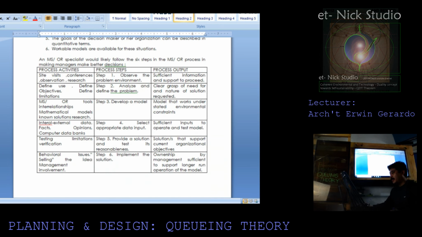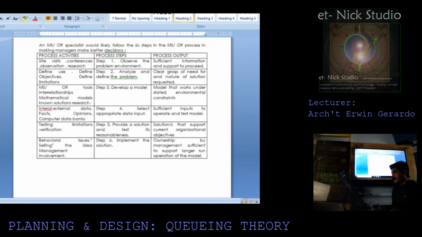An MS or OR specialist would likely follow the 6 steps in the MS or OR process in helping managers make better decisions. So we have 3 columns here: the descriptive title, process activities, process steps, and the process output.